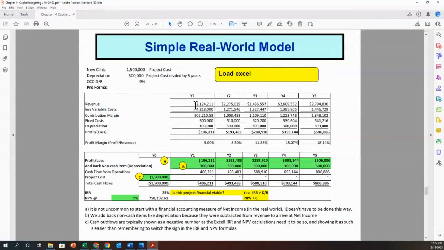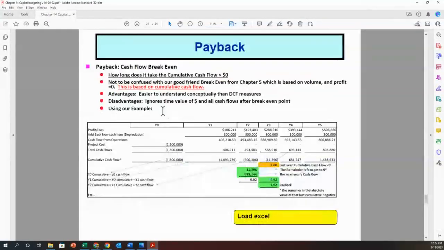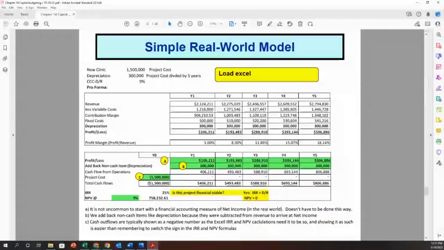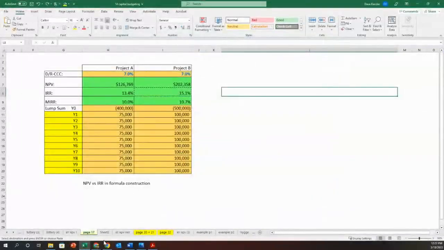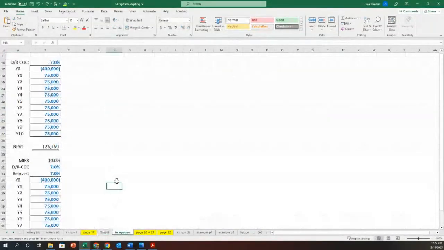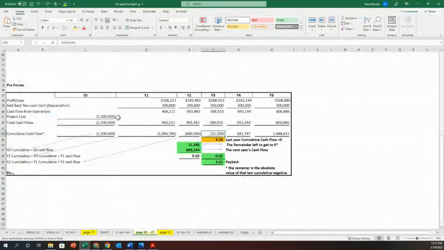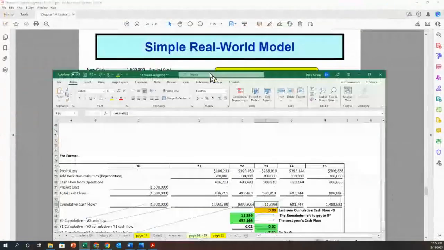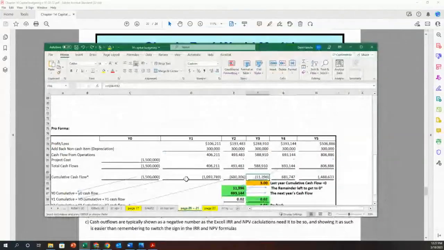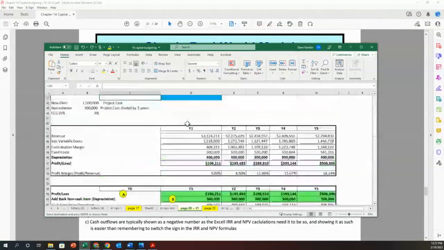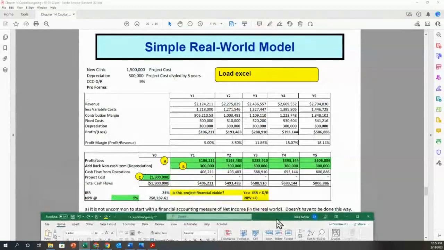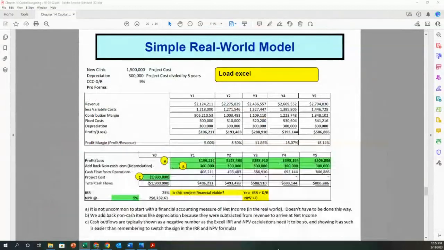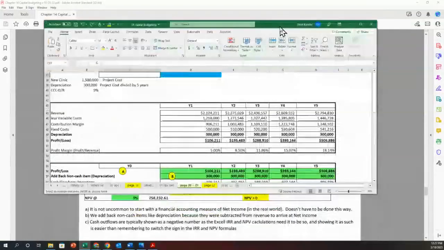So let's do a simple real-world model on how we might set this up. Page 20 and 21. I guess we'll just do this on Excel.